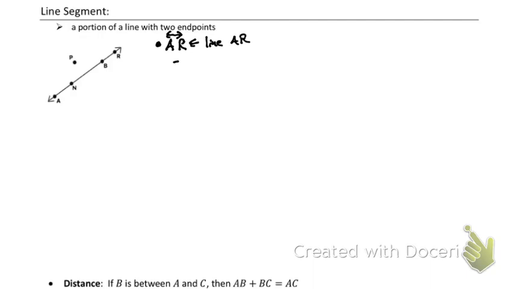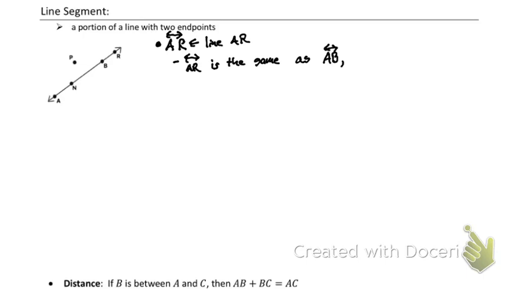I also want to quickly note that line AR is the same as, let's list some, line AB.